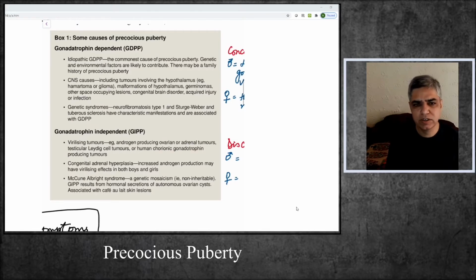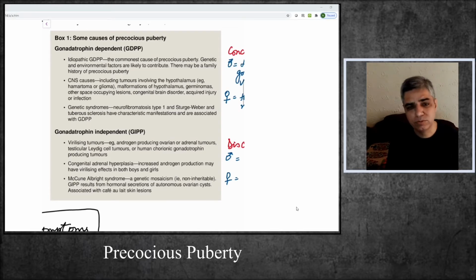It could be a congenital brain disorder, or an acquired injury or infection, a past history of meningitis, hydrocephalus. It's not necessarily that in all cases these central nervous system causes would cause precocious puberty, but they have a tendency to, and one shouldn't be astonished if you get these as a cause of precocious puberty.